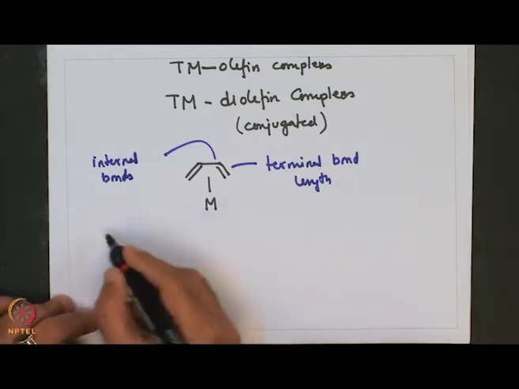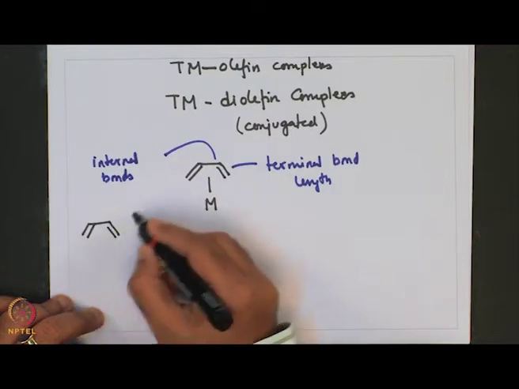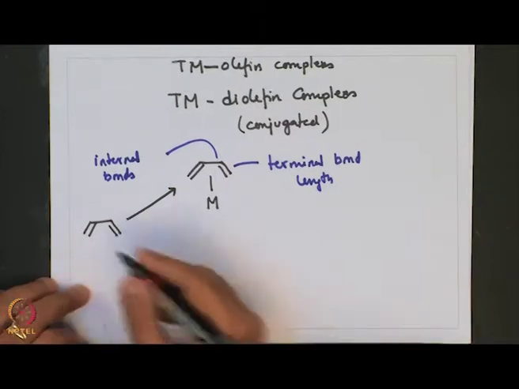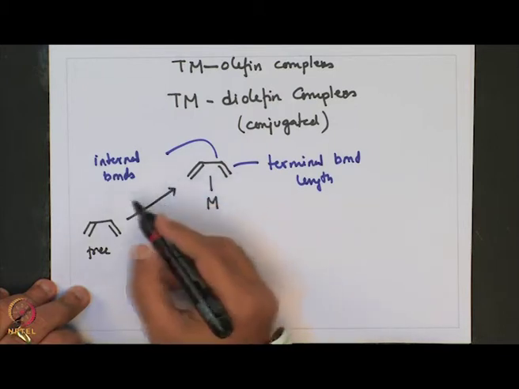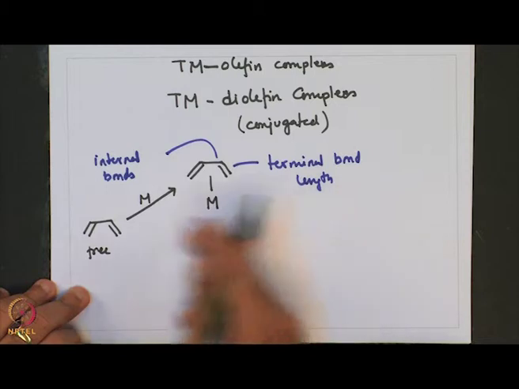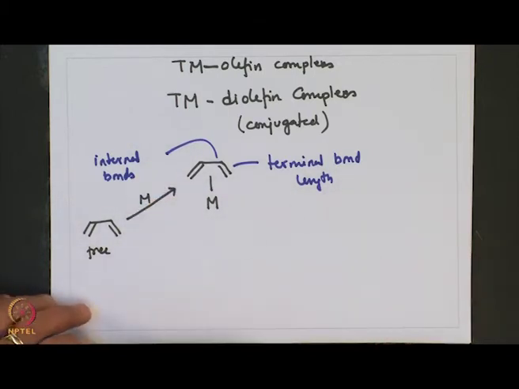When free butadiene reacts with a metal to give a metal coordinated butadiene, the internal as well as the terminal bond lengths change.